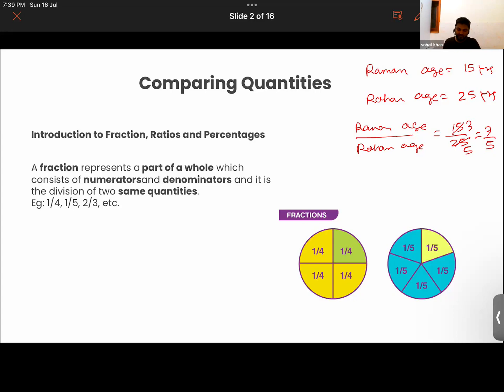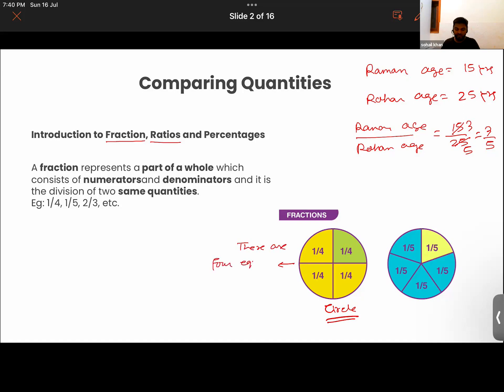So the first thing we need to know about is ratio. Fraction, I'm guessing you guys already know about fraction. See in this figure here, this circle has been divided into how many equal fractions? There are 4 equal fractions.